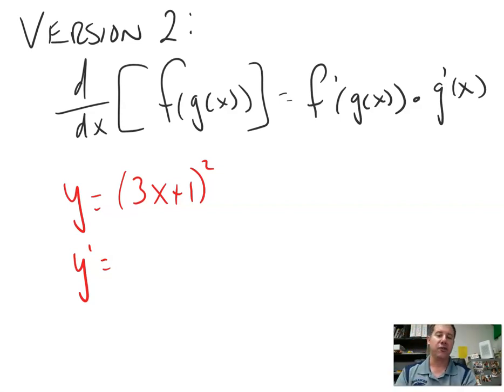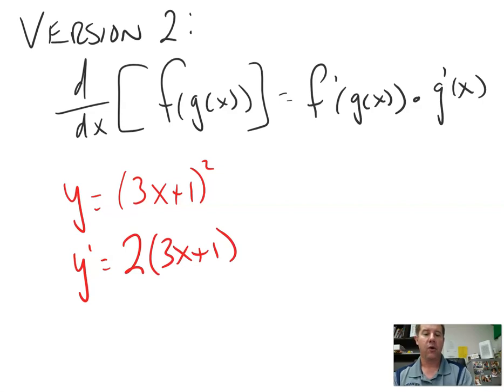So if I took the derivative of this u squared, I would get 2u. Or again, I'm just going to take the derivative of the outside function, 2 times 3x plus 1 to the first. Then I need to multiply it by the derivative of the inside function, or that u prime. So the derivative of the inside, 3x plus 1, is just 3.